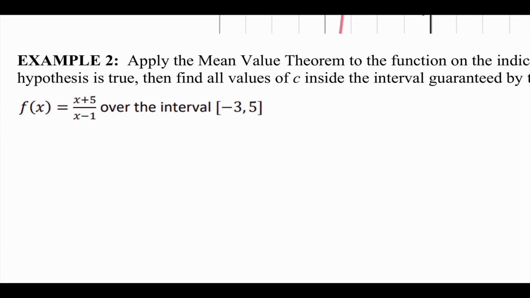From -3 to 5, is there any x value I could plug into this guy that would cause an undefined? Which number? 1, right? It has an asymptote at 1. That's within the interval, right? So because of that, we would say the mean value theorem, MVT, does not apply.